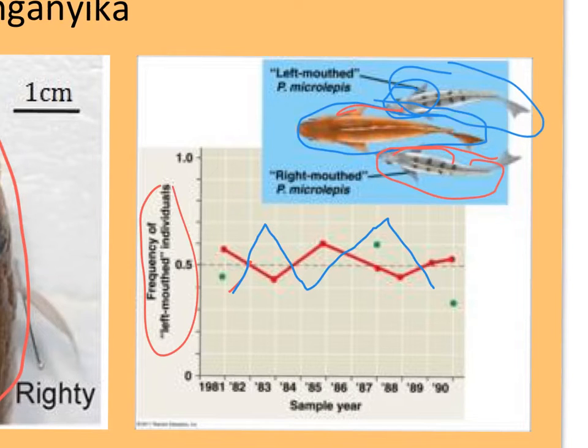At the end of that time, they go back to their natal stream. They're now full grown, and the female digs out a place in the cobble and lays her eggs, and the males come along and inseminate those eggs.